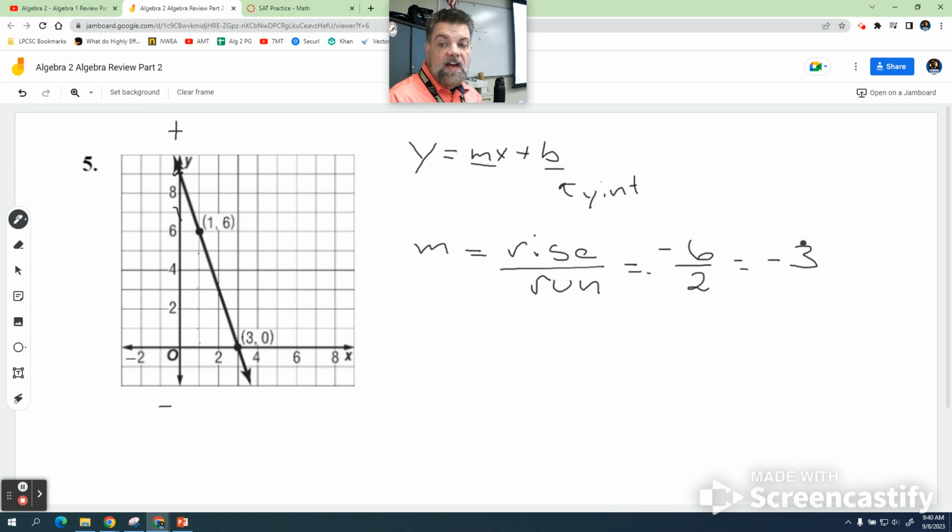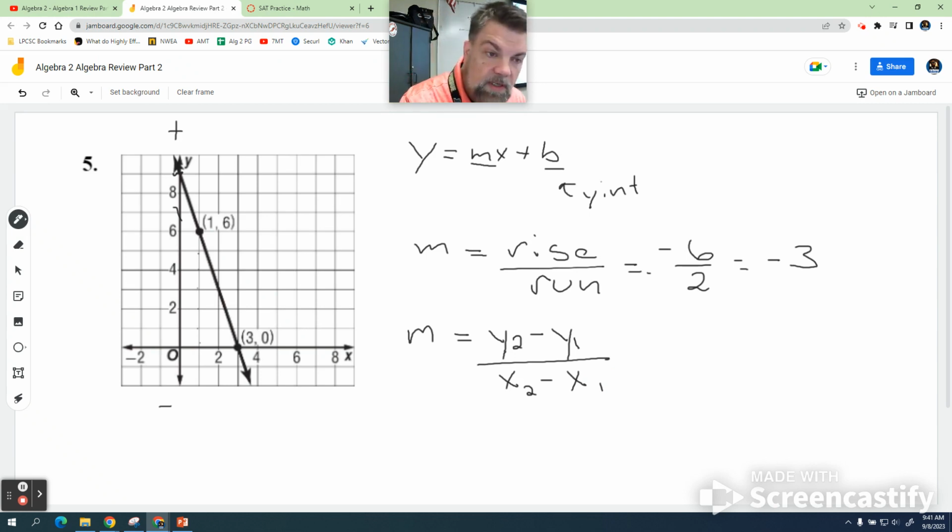So to verify this slope, remember that your slope is equal to the change in y, represented by y sub 2 minus y sub 1 all over x sub 2 minus x sub 1. How many of you guys remember that? Show of hands. It's a couple years ago. All right, cool. It doesn't matter what we pick for x sub 1, y sub 1.